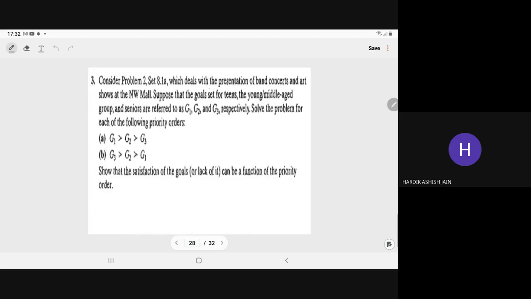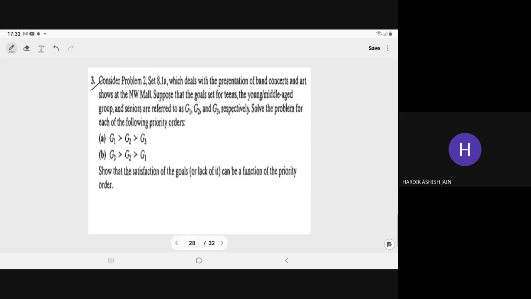So here, let us take the same problem, whatever problem we have solved right now, through the preemptive method. Consider problem 2, set 8.1a, which deals with the presentation of band concert and art shows at NW Mall. Suppose that the goals set for teen, young, middle age group and senior are referred to as G1, G2, G3 respectively.